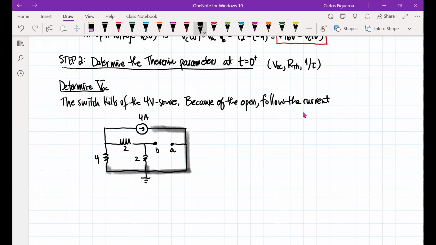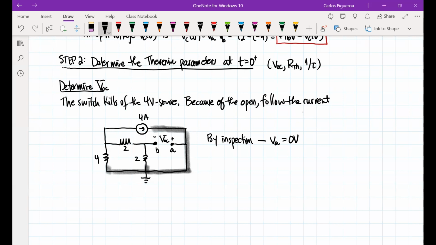So this immediately tells me that if I choose this to be plus, minus, and this is VOC, I immediately see by inspection VA is automatically 0 volts.